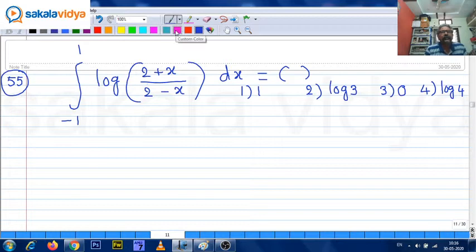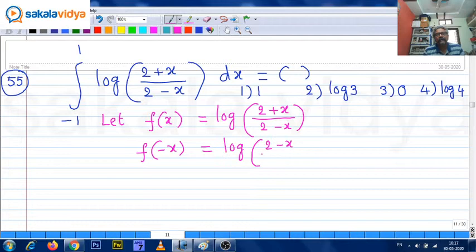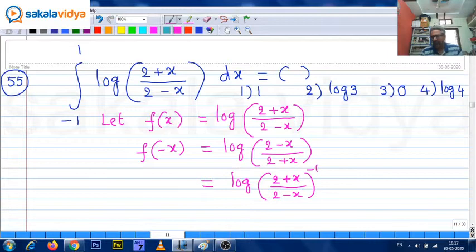Check evenness and oddness only. Let us say f of x equals log mod of 2 plus x upon 2 minus x. So f of minus x is log of 2 minus x upon 2 plus x. This can be written as log of 2 plus x upon 2 minus x whole to the power of minus 1.